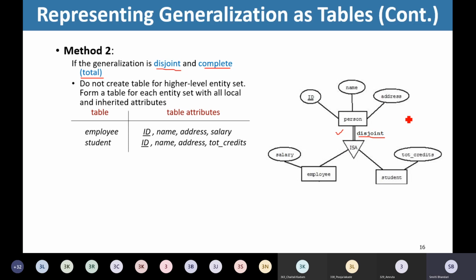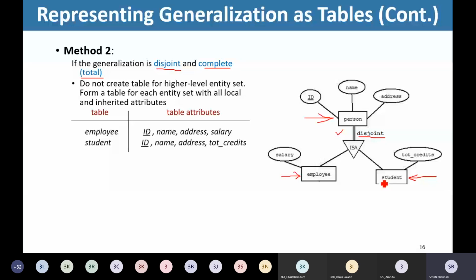Now, in method number 2, we are saying that if my generalization is disjoint and total, then it is possible for us not to create a separate table for the higher level entity set. Instead, we can create a table for employee, a lower level entity set, and a separate table for the other lower level entity set, student.